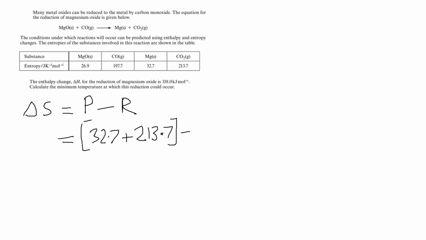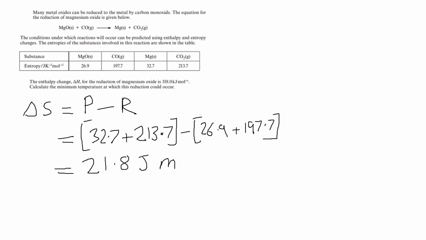Minus the reactants, which is 26.9. And carbon monoxide, which is 197.7. And when you do that, that comes out as 21.8 joules per mole per Kelvin.